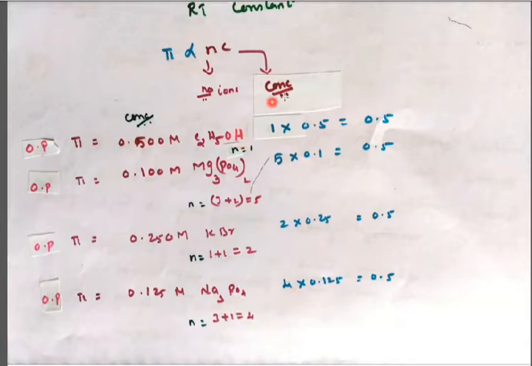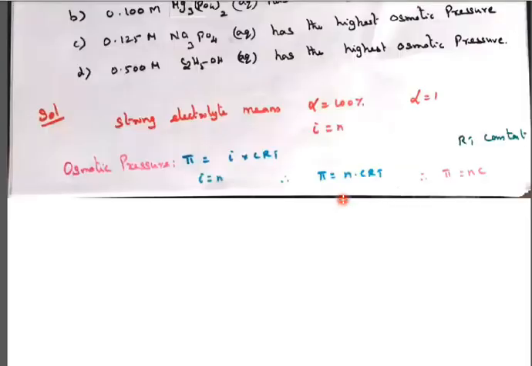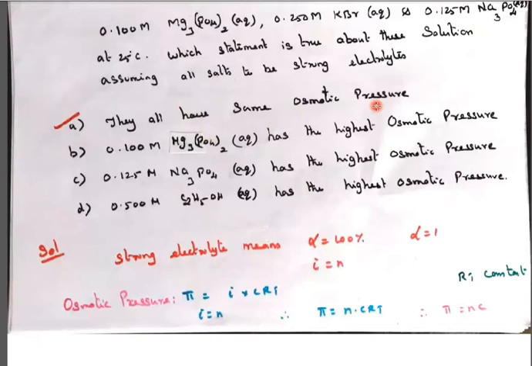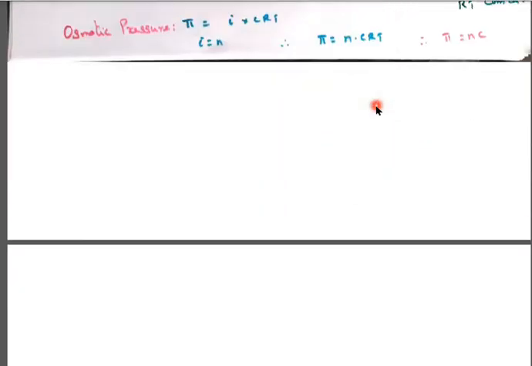So number of ions into concentration, n into C: 1 into 0.5 is 0.5; 5 into 0.1 is 0.5; 2 into 0.25 is 0.5; and 4 into 0.125 is 0.5. All have the same osmotic pressure. This is the correct answer.